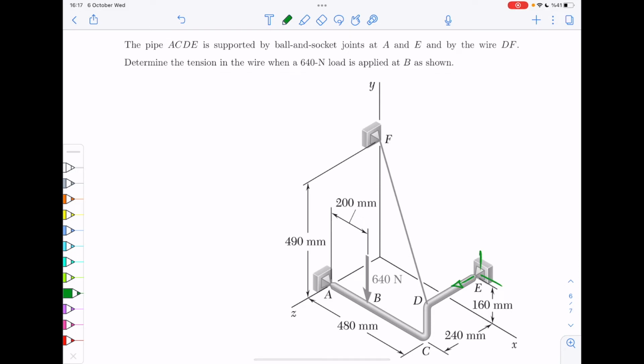So for each of them, you would have 3 unknowns in principle, okay? That's that. Now, you support the system by the wire DF. So there is this wire, and then there is this DF.